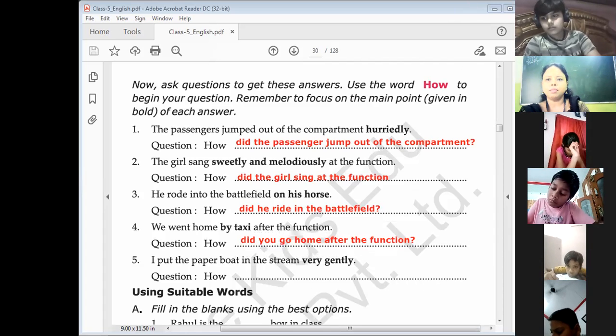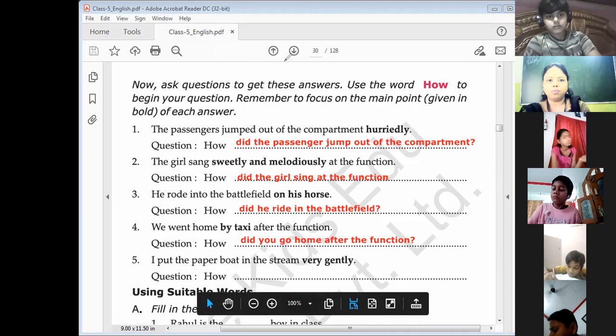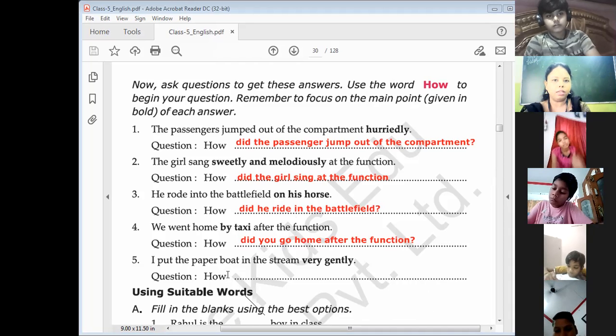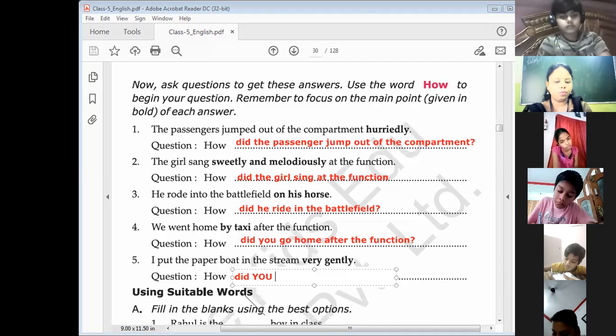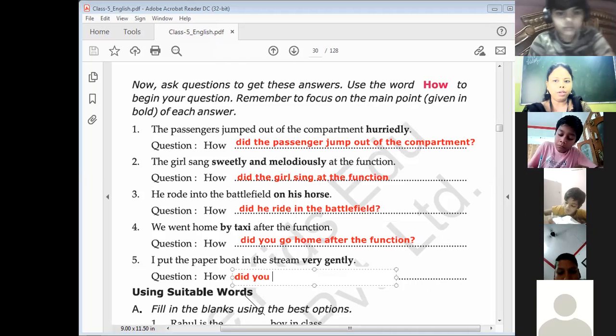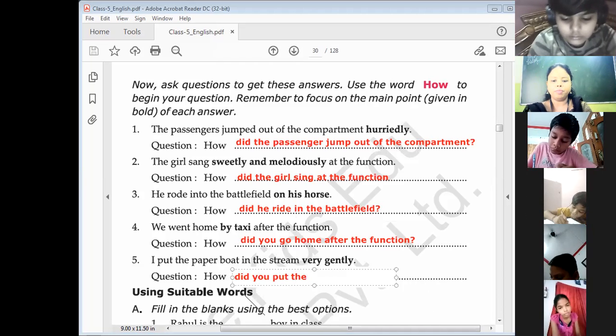Next question is, I put the paper boat in the stream very gently. So the question is, how did you put the paper boat in the stream?